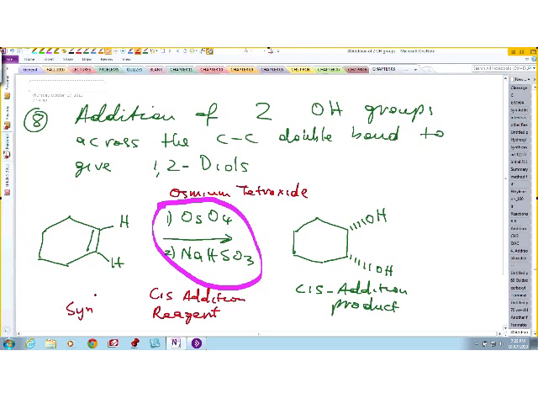Syn addition reagent. It means the same thing. What is important here is what this reagent does: you add two OHs across the carbon-carbon double bond such that the two OHs will be on the same side of the molecule, in other words, cis to each other.